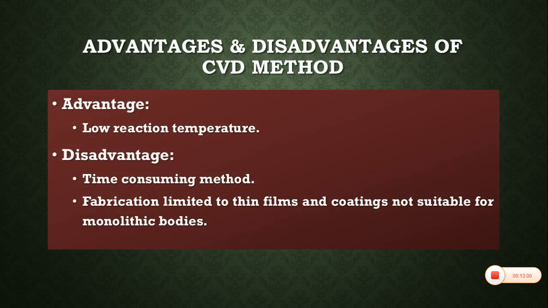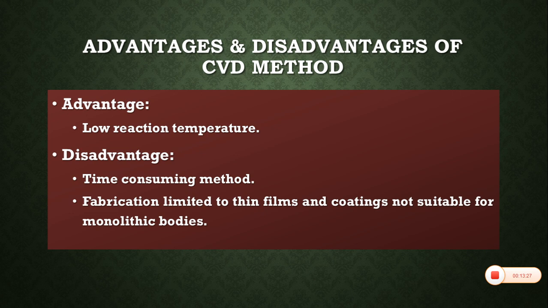Now, there are certain advantages and disadvantages of the chemical vapor deposition method. First of all, the advantage: low reaction temperature. The reaction temperature for fabrication of highly refractory ceramics using chemical vapor deposition is very low compared to the other methods we use for fabrication.